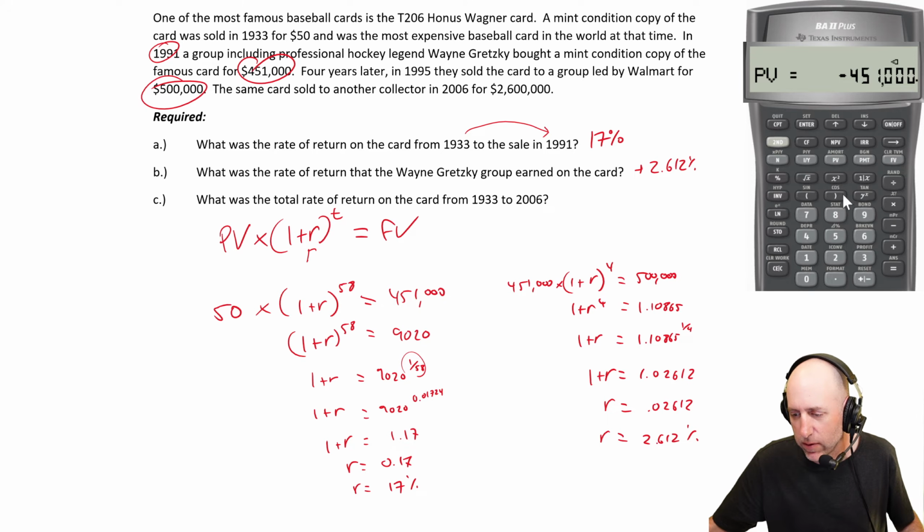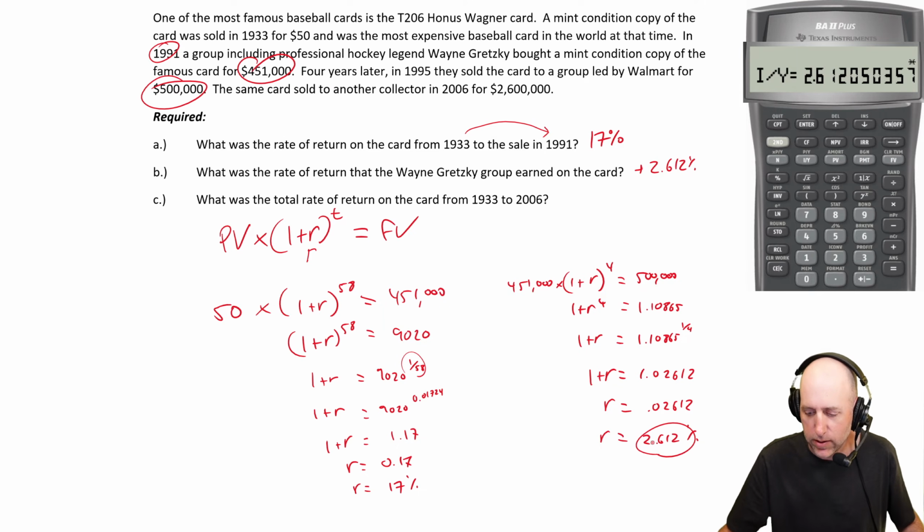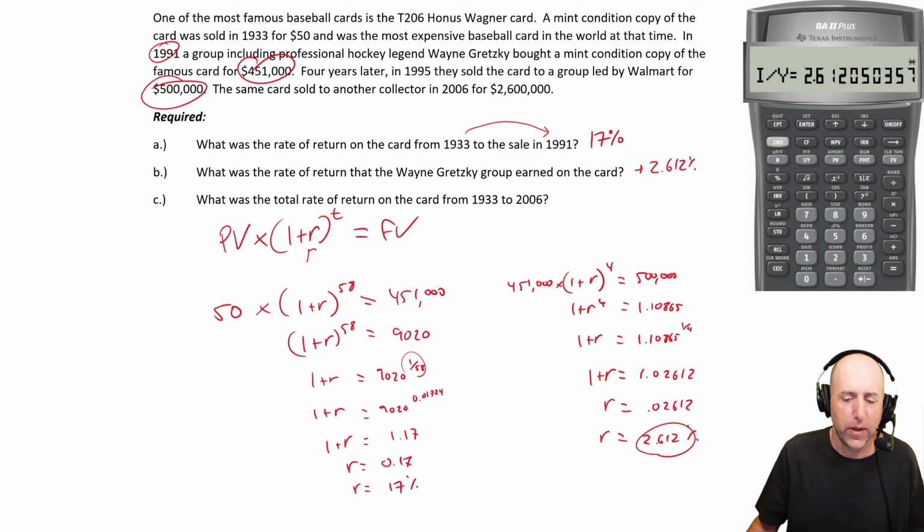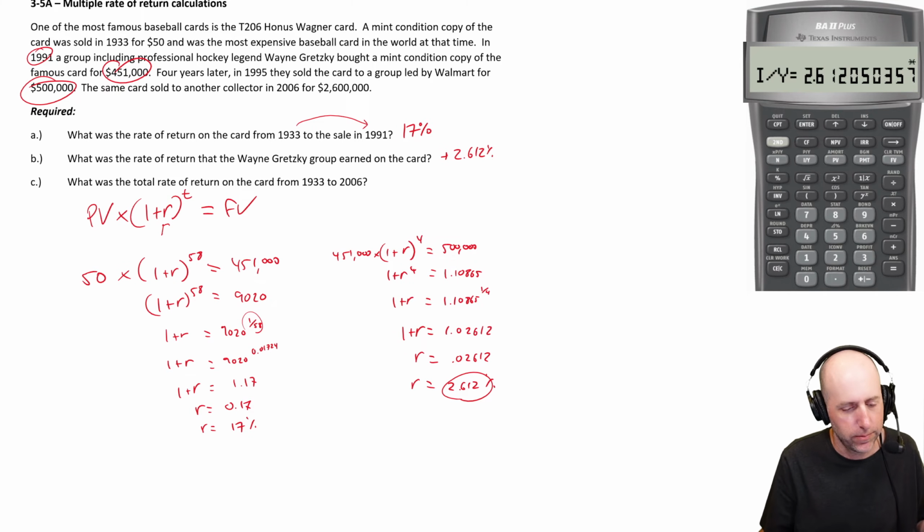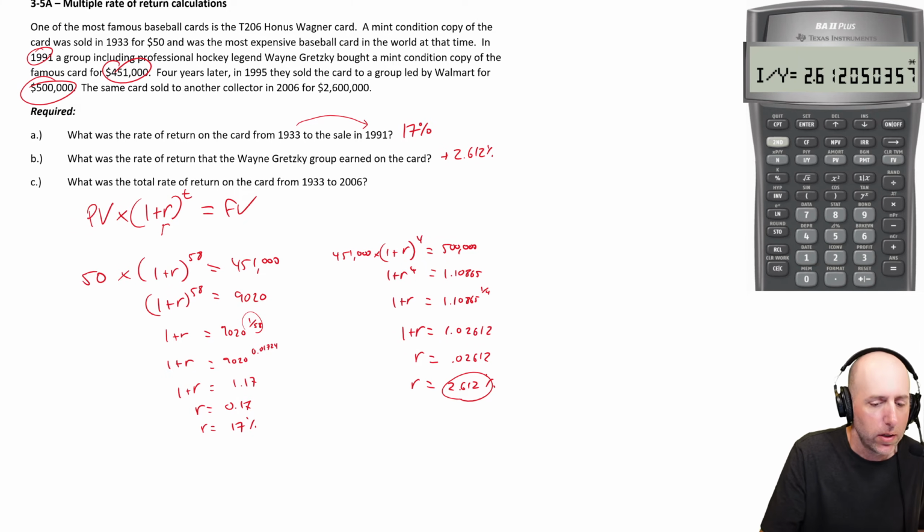We make a 451,000 investment to get $500,000 in the future. That's our FV. We enter the N as 4. Our payment is 0. And then we compute the I/Y, and you can see 2.612, and that's the same answer. So I just wanted to show how you would do that in the calculator, and we do produce the same answer.